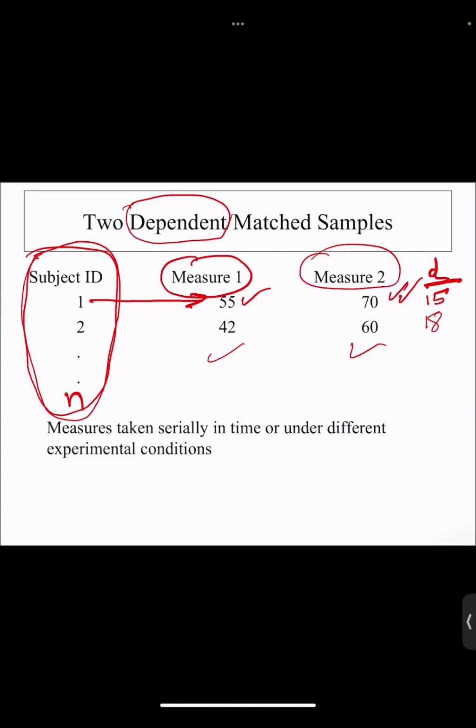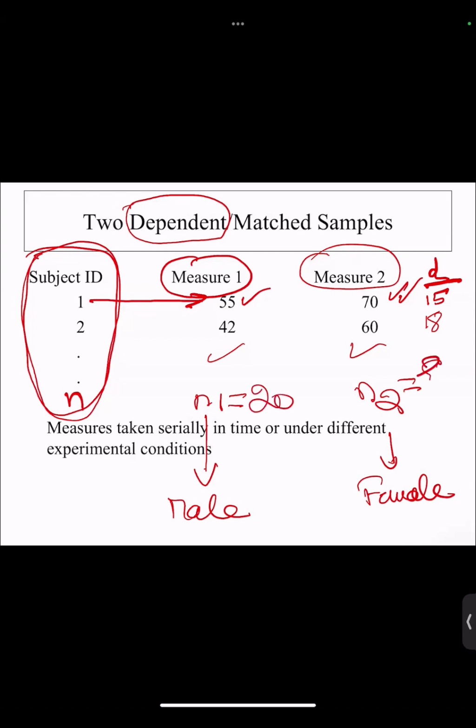But if I take N1 and do measure 1, and I take a different N2, let's say N1 male and N2 female, so 20 and 30 differently, I pick up 20 males and I sample 30 females.